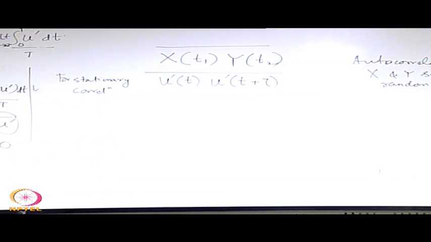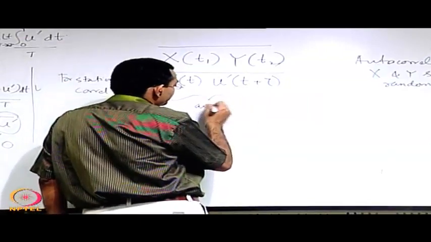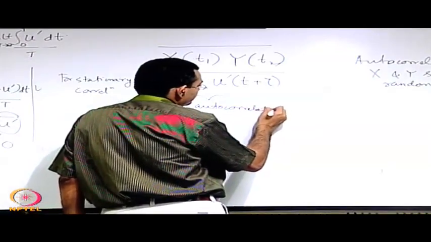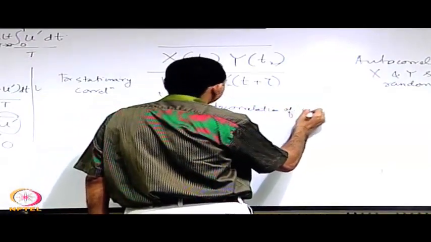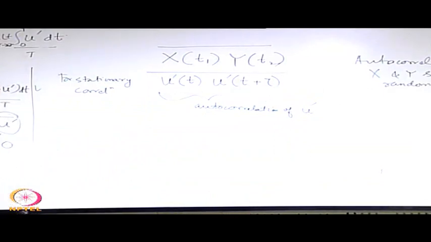So this is known as the autocorrelation of u prime.